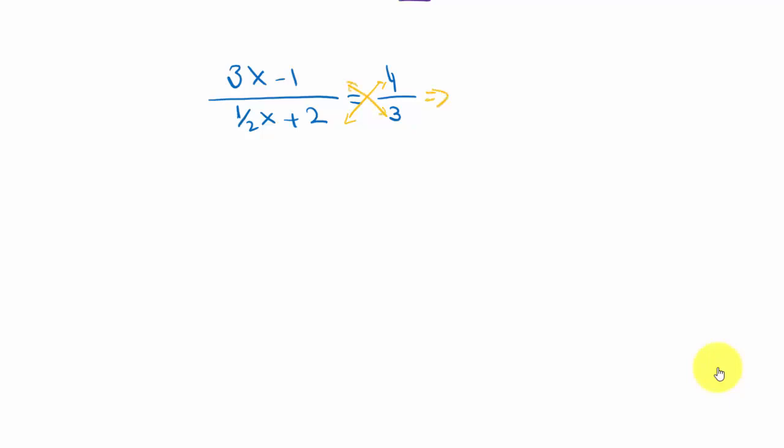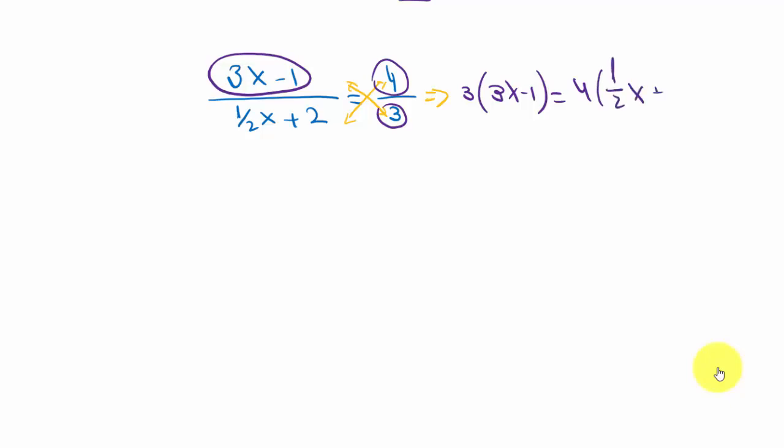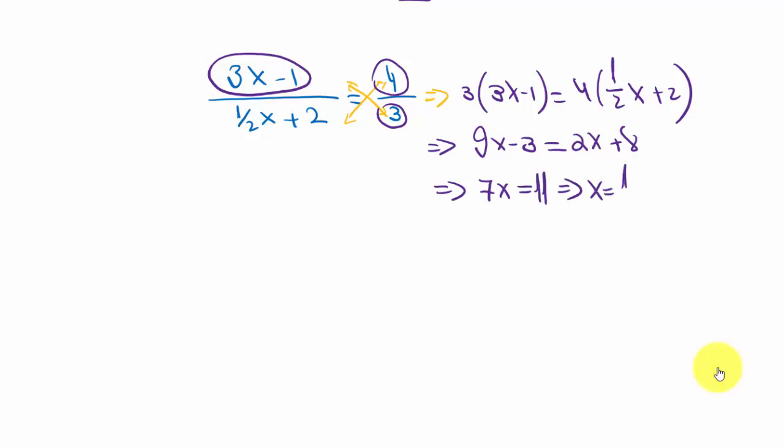We get that 3 times (3x - 1) is equal to 4 times (1/2 of x + 2). Further simplification, 3 times 3 is 9x - 3. 4 times 1/2 of x is 2x. 4 times 2 is 8. And from here, 7x is equal to 11, and from here, x is equal to 11 over 7.